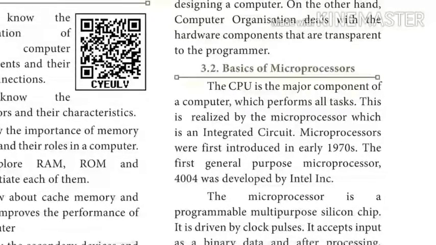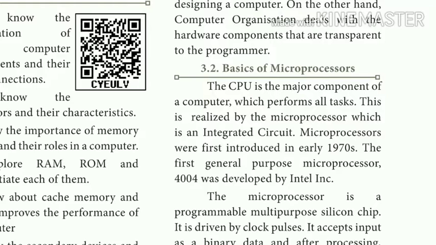The CPU is the major component of the computer which performs all tasks. This is related to the microprocessor, which is an integrated circuit. So microprocessor is an IC. IC means so many gates, which means logic gates. So many gates are arranged closer to each other so that they form a microprocessor.